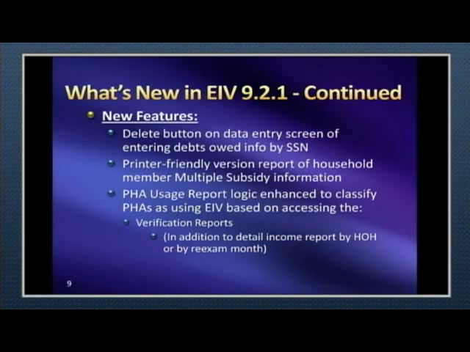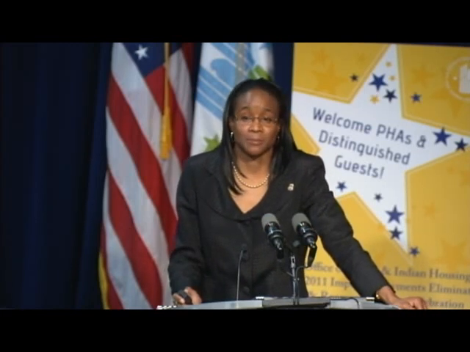Because as of right now, EIV counts you or your agency as using EIV if you access income information by tenant or by reexamination month, or if you access the income discrepancy report. Now that has been modified to expand the scope of counting your agency as accessing EIV. So the bottom line is, every agency should be able to be flagged as accessing the EIV system because there are more categories in which your agency can be counted as using the system.